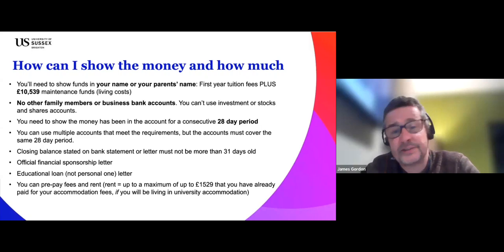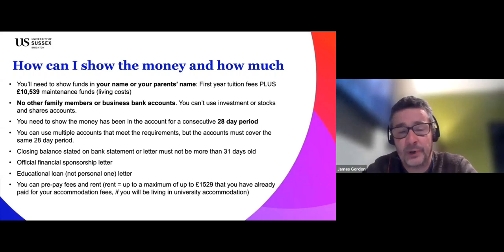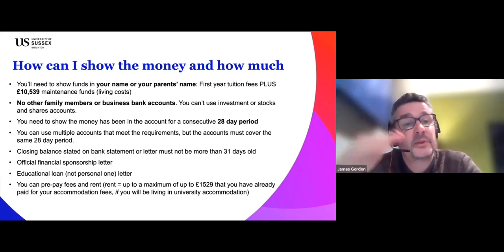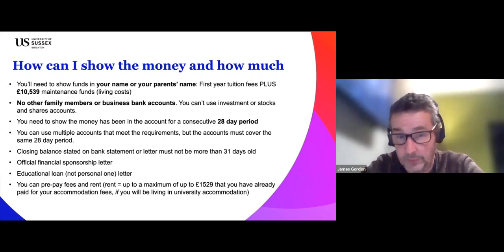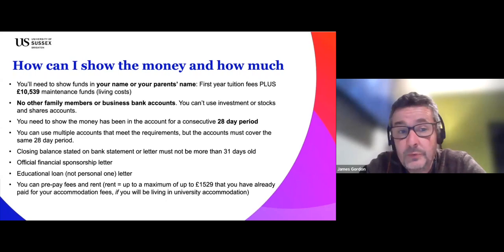We'll take a look at an example financial requirement in a moment, and we've got examples of those bank statements on our web pages. But just before we do that, let's think about some of the other ways that you might meet the proof of funds requirement, other than bank statements. Some of you might have official financial sponsorship.